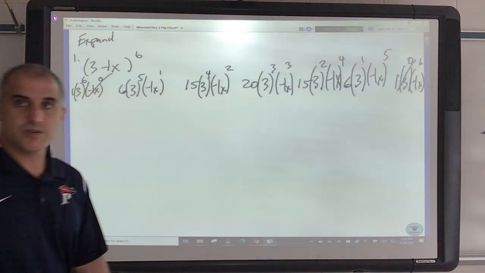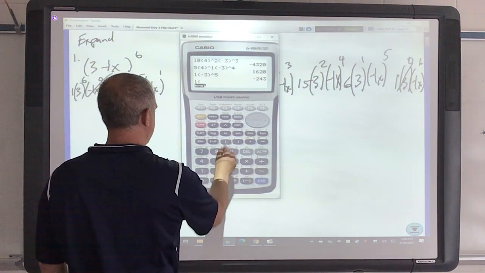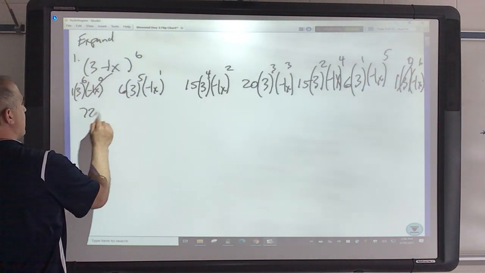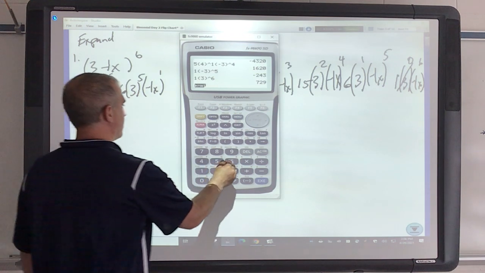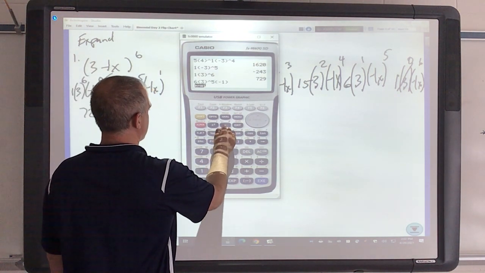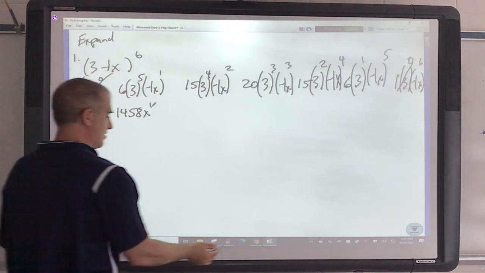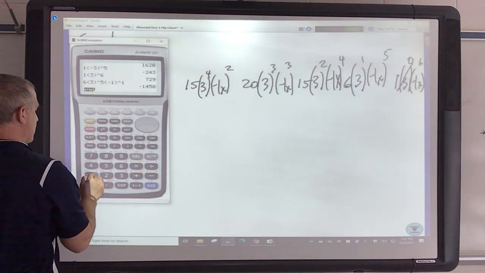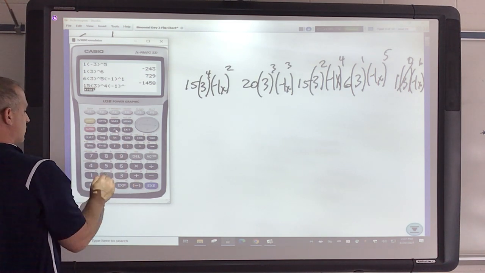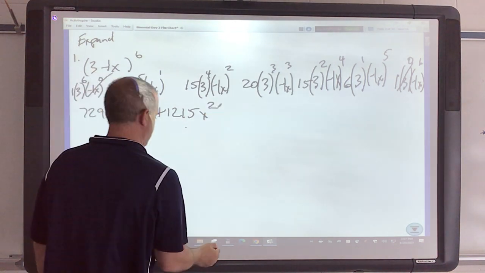All I'm doing is typing those into the calculator. So 1, 3 to the 6th, that's 729. Then 6, 3 to the 5th, negative 1 to the 1st, negative 1,458 x. Then 15, 3 to the 4th, negative 1 squared, 1,215 x squared.